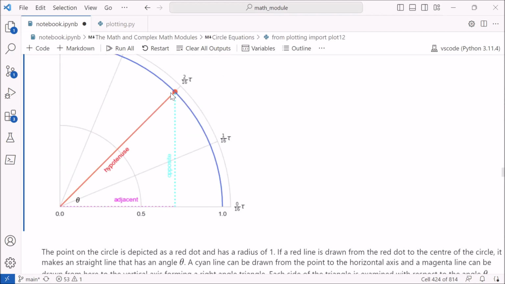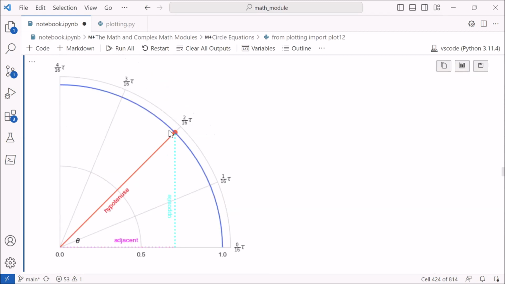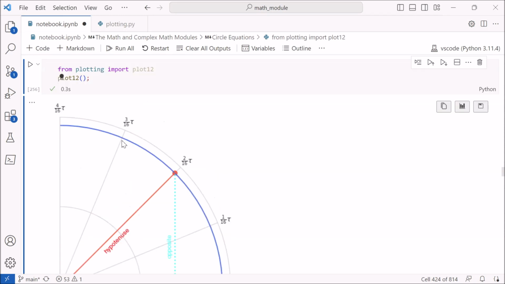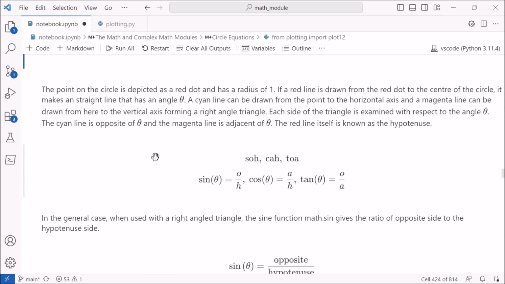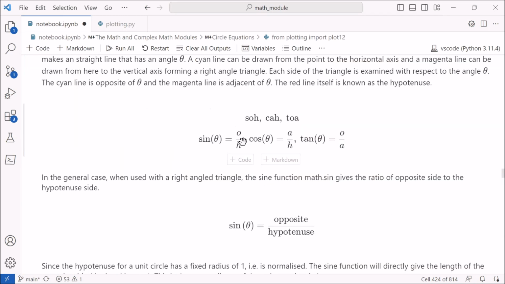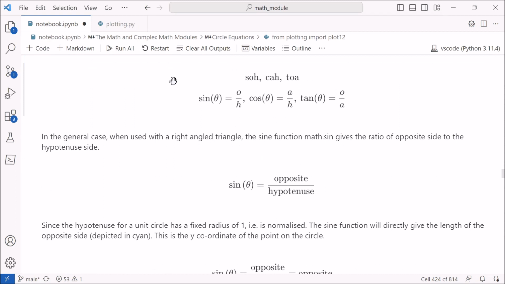So the point is depicted as a red circle, and notice it's on the fixed radius of 1, and it's on the circumference of the circle. So remember from high school trigonometry, you've got SOH CAH TOA. Sine of the angle is the opposite over the hypotenuse.